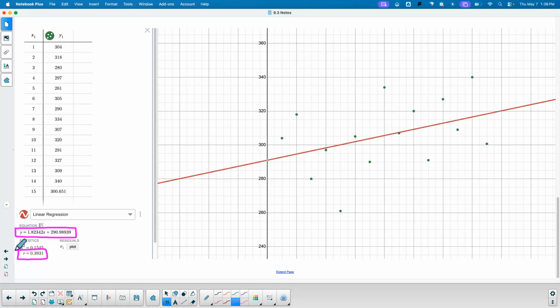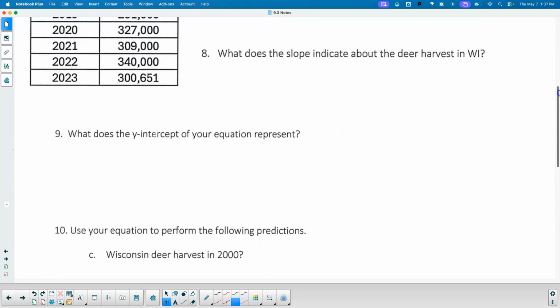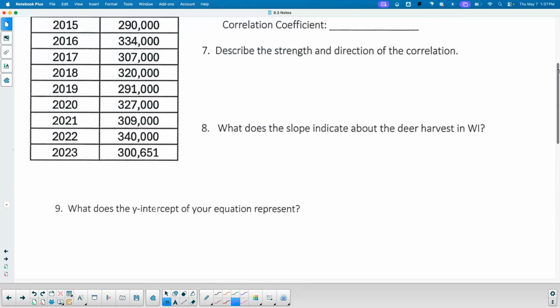Strength and direction. Weak positive. Okay. Still going up, but very weak. As you can see by the scatter plot, it's all over the board. So I would definitely say that that would be a weak positive.